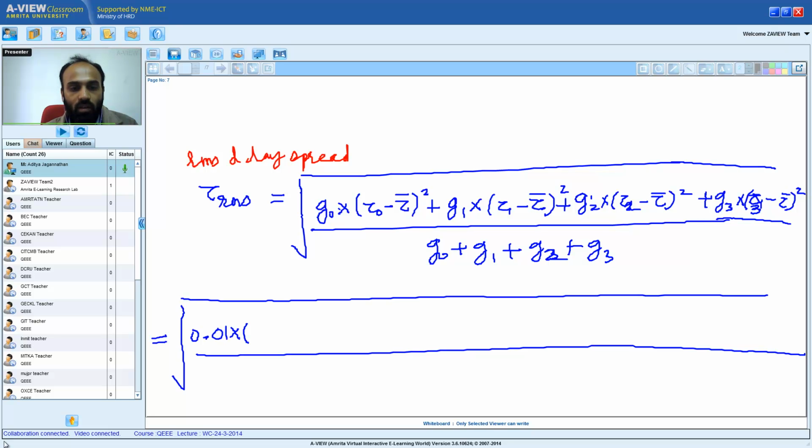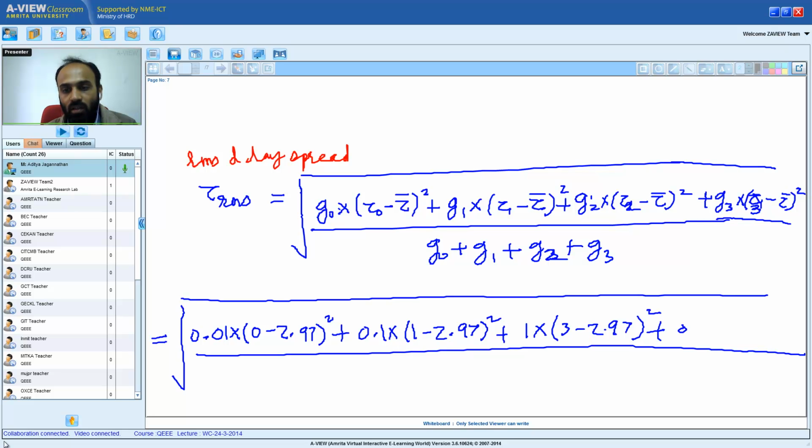0.01 into tau 0, which is 0, minus 2.97 square, plus 0.1 into 1 minus 2.97 square, plus 1 into 3 minus 2.97 square, plus 0.1 into 5 minus 2.97 square, divided by 1 plus 0.1 plus 1 plus 0.1.